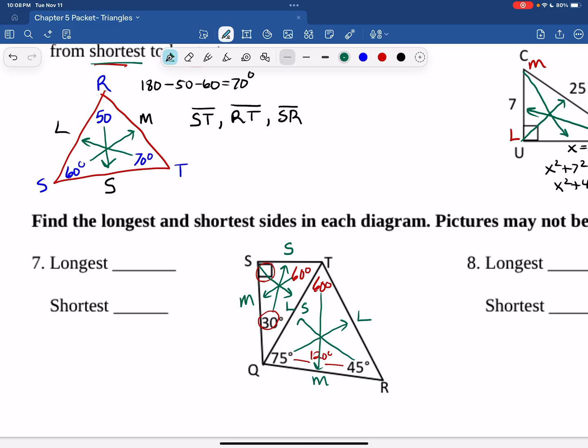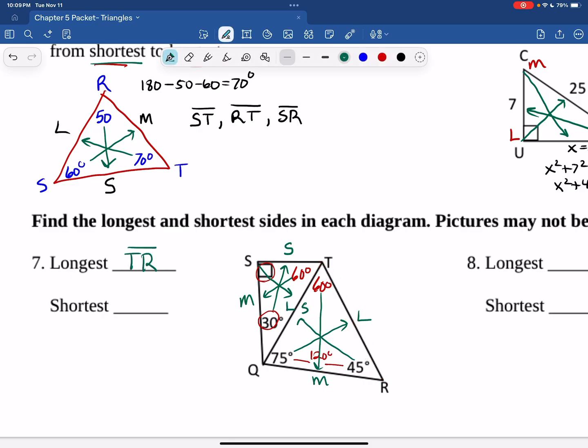So then where's the longest side between both of these triangles? Well, if the longest side of this triangle is TQ, but that's the shortest side of triangle TQR, that must mean this side is the longest of both of them. So my longest side is TR.